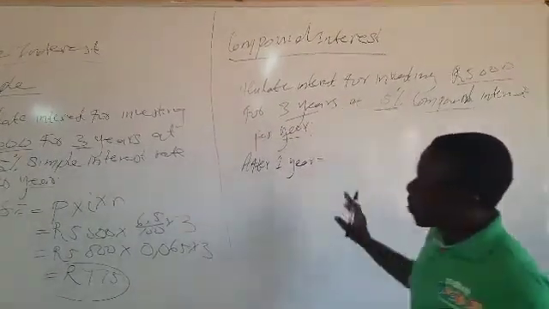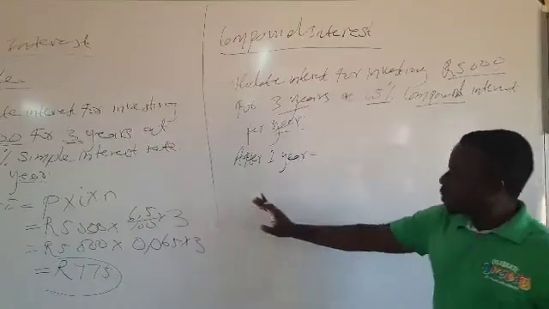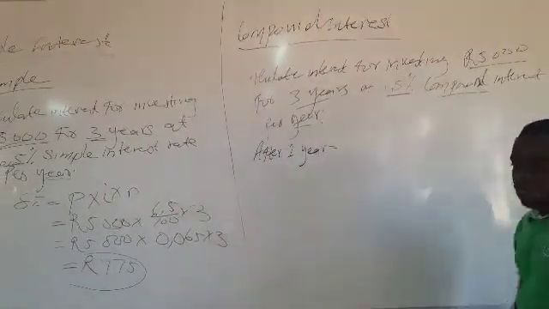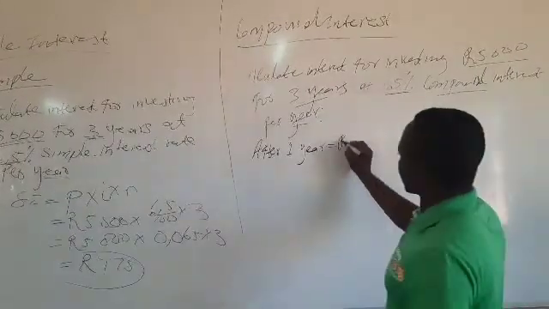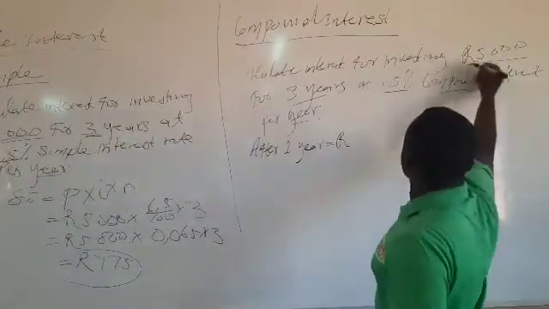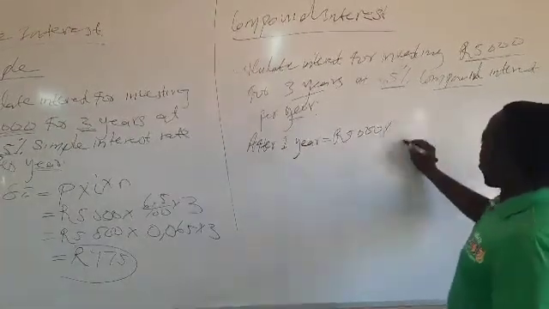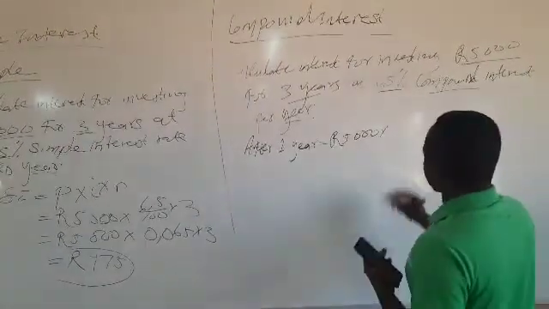Now, the way you solve this is different from the way you solve simple interest. After 1 year, we use the money that was invested, which is 5,000 rands. You don't multiply, but you add.